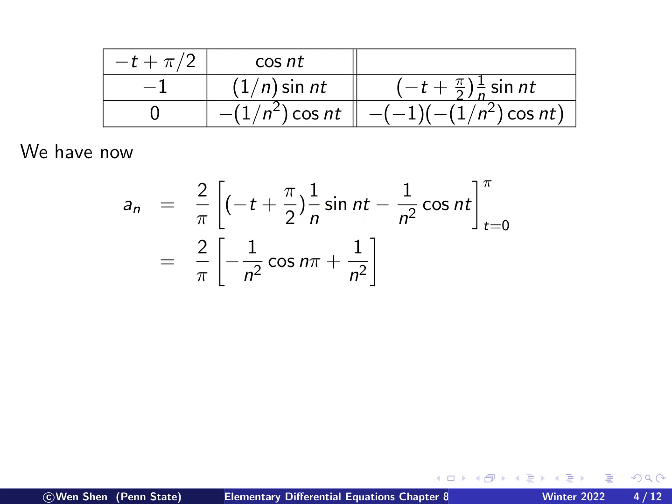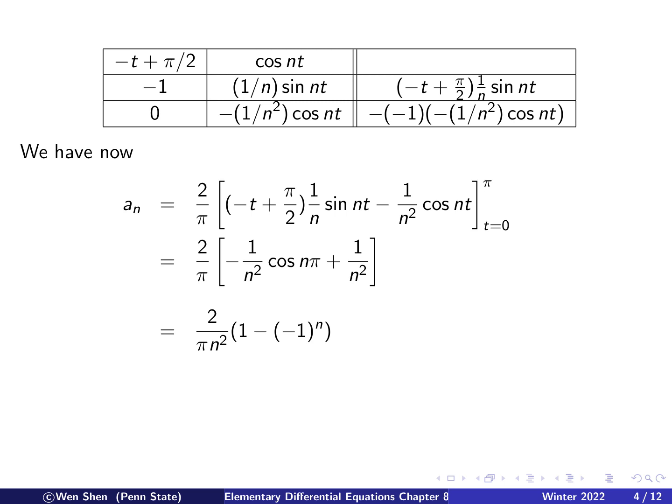So this term is 0, it doesn't contribute anything. And then we have this term, so when t is pi, we get cosine n pi, and with this constant, -1 over n squared, minus when t is 0, and this cosine 0 is 1, so minus, we get positive 1 over n.